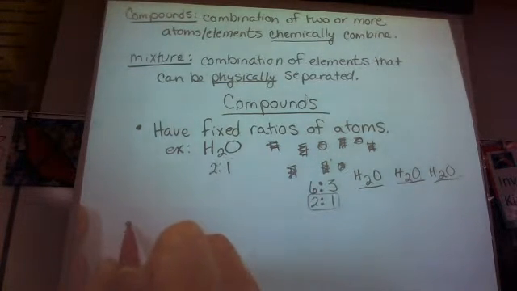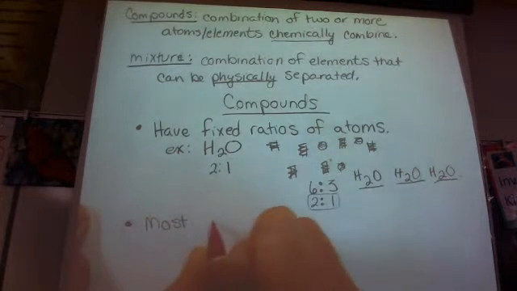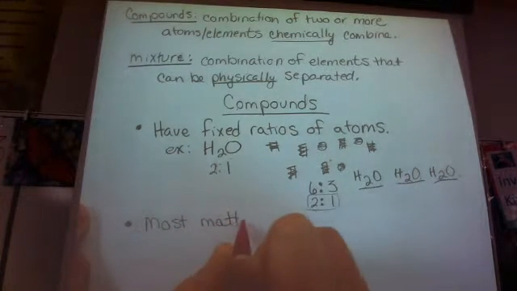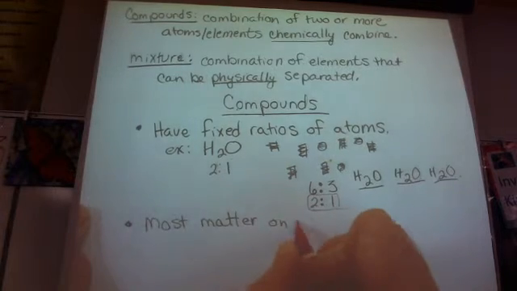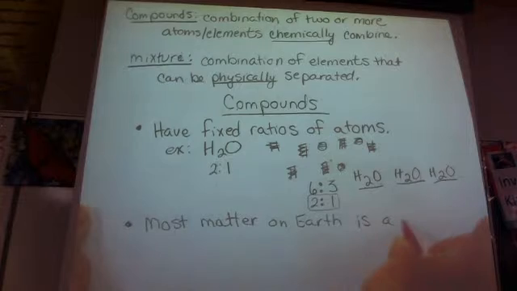Most matter on Earth is in compound form. So most matter on Earth is a compound.